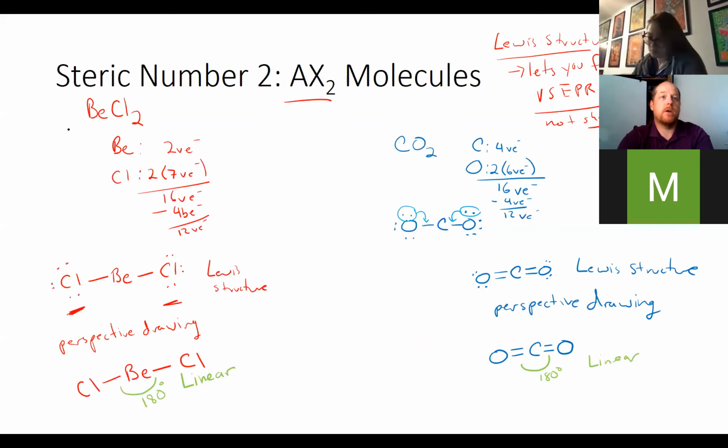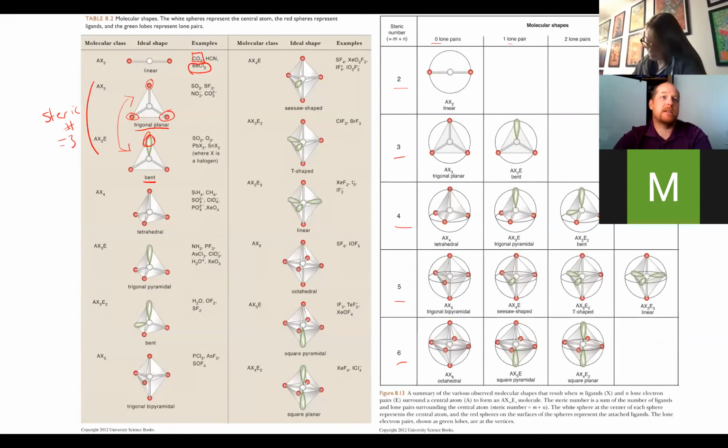So if we go back up to the shape here, this is the one that we talked about before. When we look at the AX3 versus AX2E, again, we're going to be able to figure this out doing Lewis structures. We'll pull in a couple of examples of each of these, but the whole idea is you have 3 surrounding atoms for AX3 and 2 surrounding atoms and 1 lone pair of electrons for AX2E.